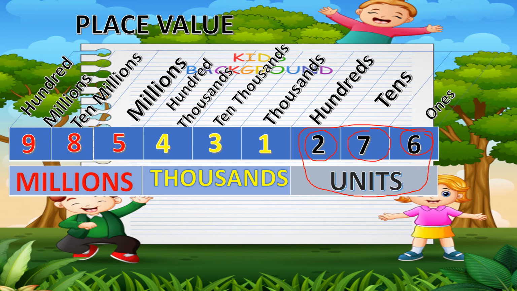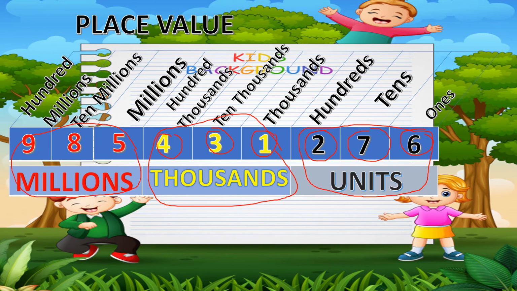Now, in the period of thousands, we have 4, 3, and 1. 1 is in the thousands place, 3 is in the ten thousands place, and 4 is in the hundred thousands place. Okay? Are you following me? Now we have here the period of millions.